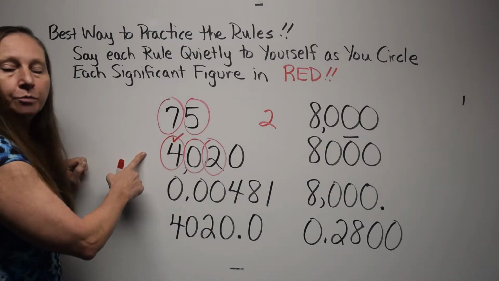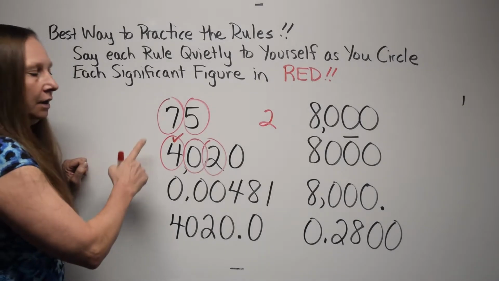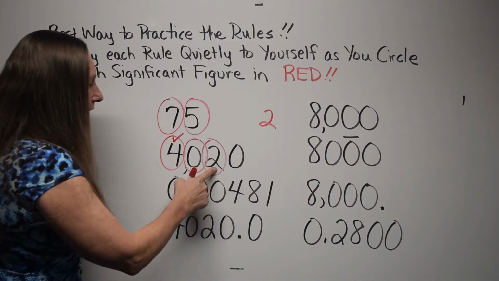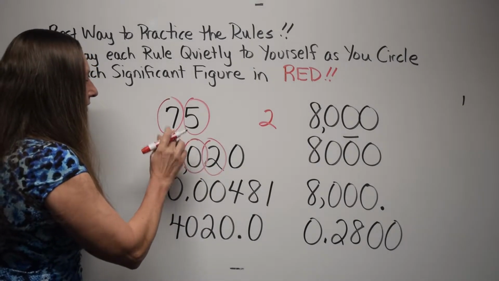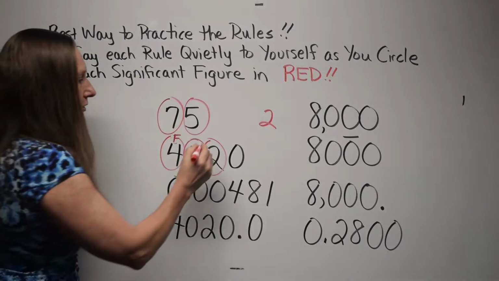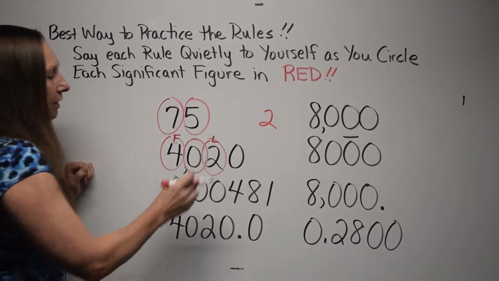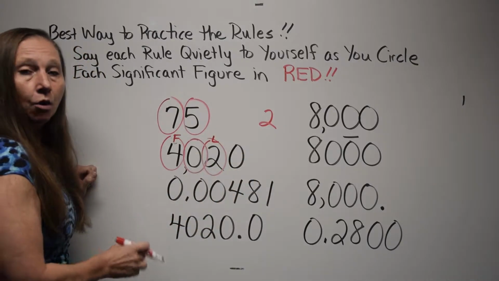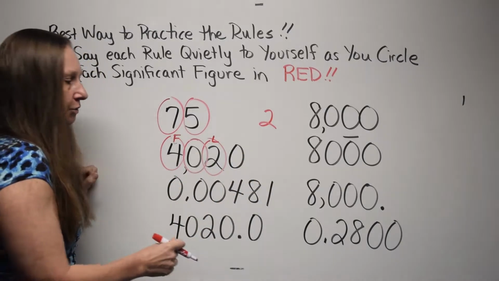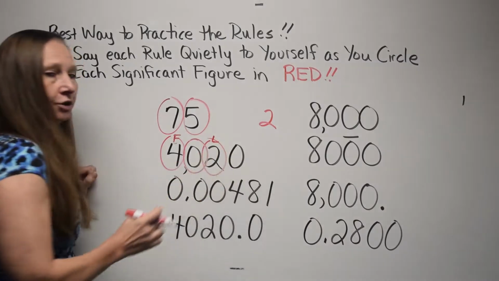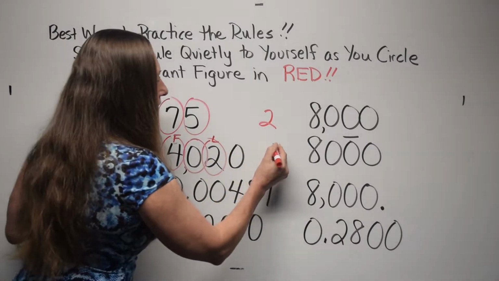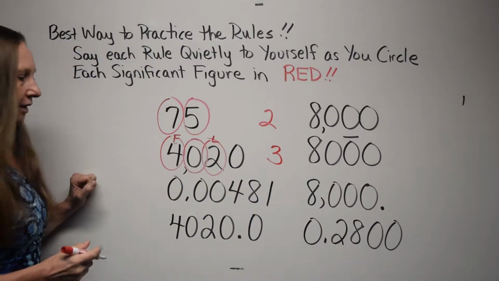There are no zeros before the first non-zero. Zeros after the last non-zero. All right, let's say I'll put a little F for first non-zero. This is the last non-zero. Zeros after the last non-zero are significant if there's a decimal point. There's no decimal point. This 0 is not significant. So here you have 3 significant figures.